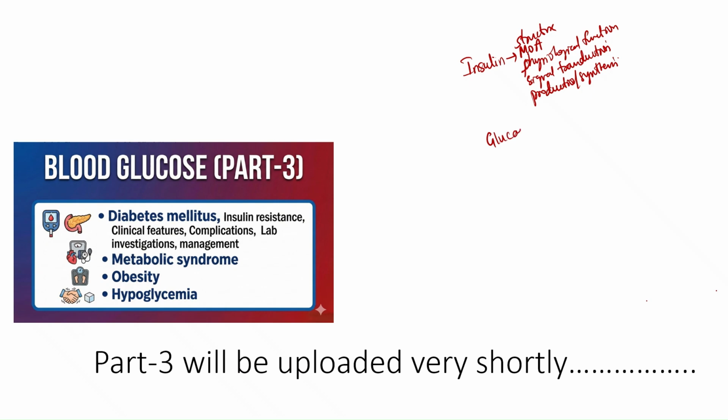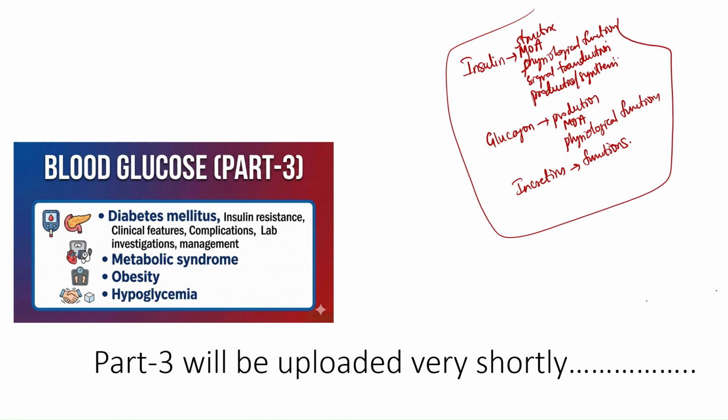Then we have seen glucagon: production, mechanism of action, and physiological functions. In between, we have seen incretins also, and their functions. So this is the mechanism of action of the hormones. The last part of part 1 that we had planned has been completed in part 2.